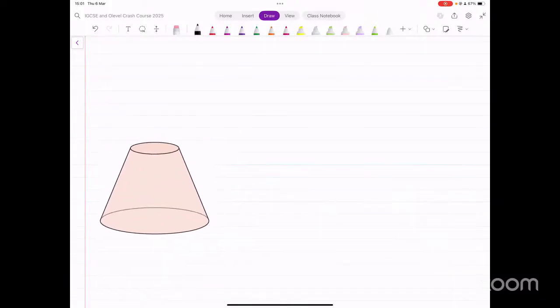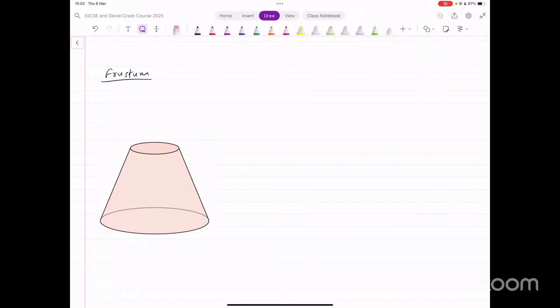Now, there are two other kinds of shapes that you will see in the questions. One is something that we call a frustum. This is another shape that you have. This is a shape that is made by taking some part of a cone out or sometimes some part of a pyramid out.